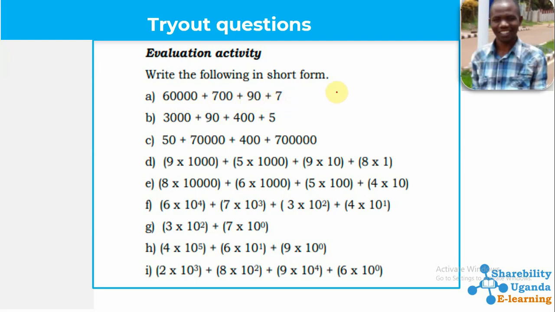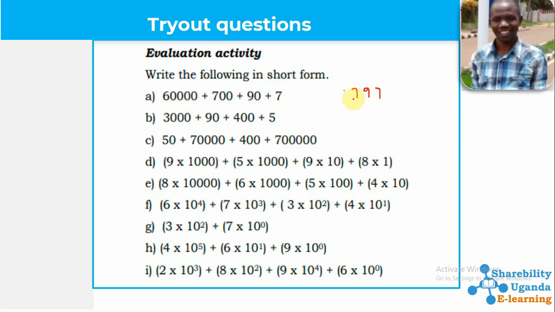You can simply write it in this form: you write the 7, then you write the 9, then the 7, which is 700, then you write the 60,000.